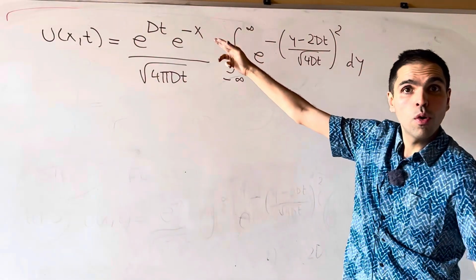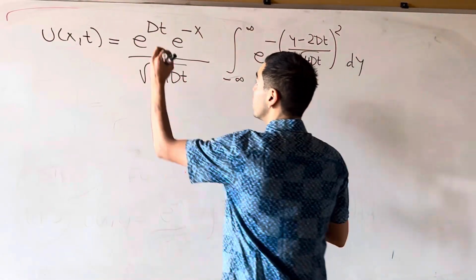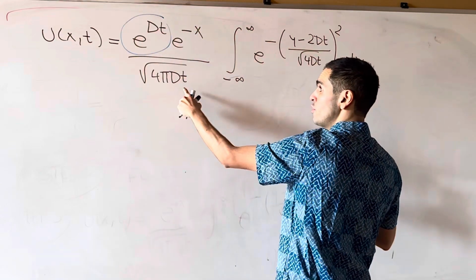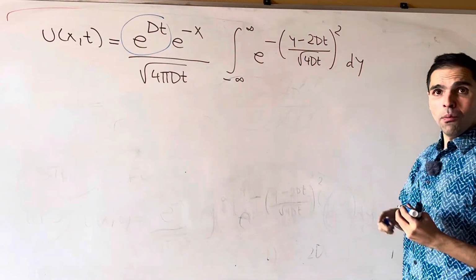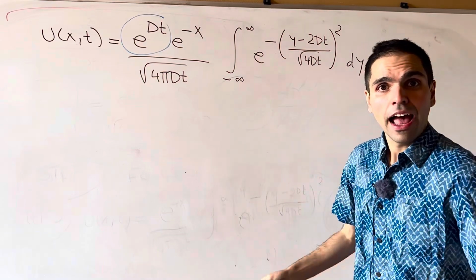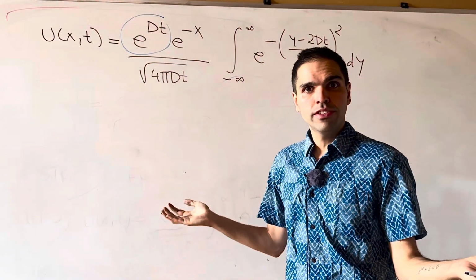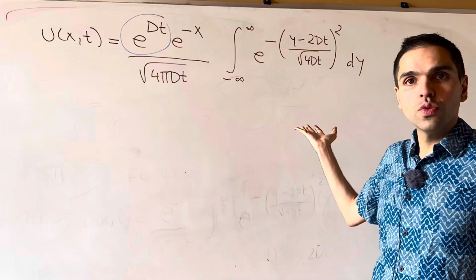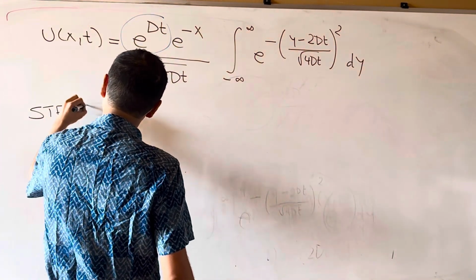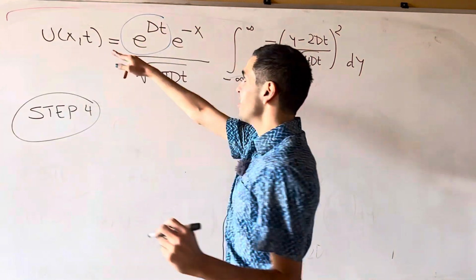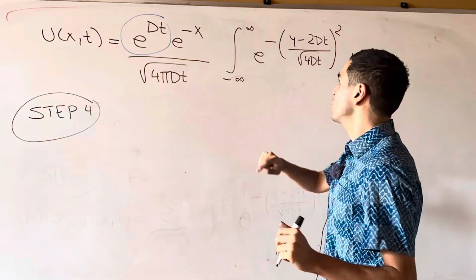So after we pull this e^(dt) out, we're left with this exponential function, this really nasty term, and this almost Gaussian integral. And to turn this into the Gaussian integral, we just need to use a u-substitution. So I believe that's step 4. So unfortunately, we're already using u for our solution.